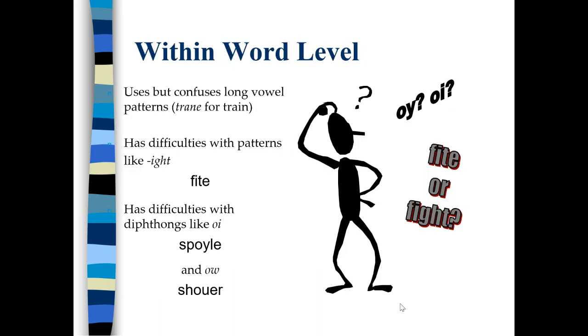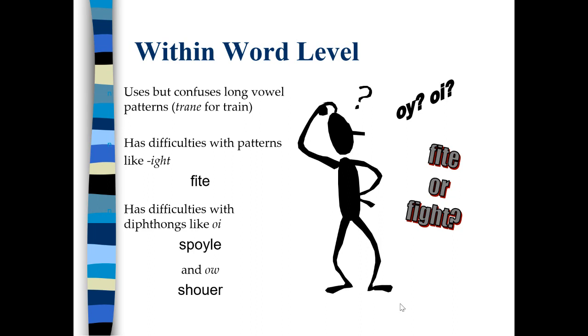Within word level, students are able to use but confuse long vowel patterns like A-N-E for train. Some students have difficulty with the more odd patterns like the I-G-H-T in fight, bright, light, and so on. That's why those are considered sight words in many cases.